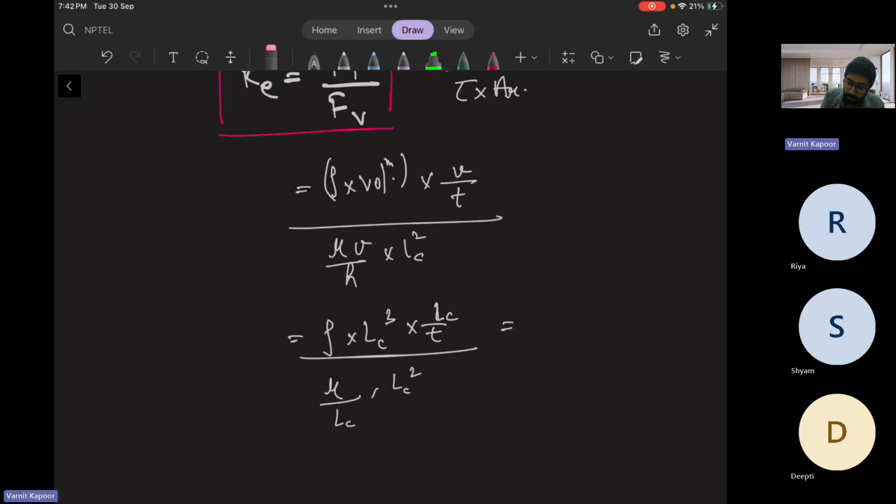So I keep V as V only, and here as well V as V only, V by T. Okay, am I right? Or is there an issue? So in the denominator it is mu V LC, and what will be in the numerator?